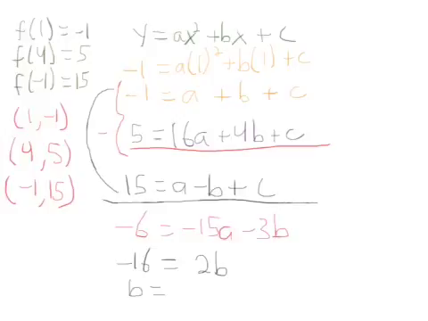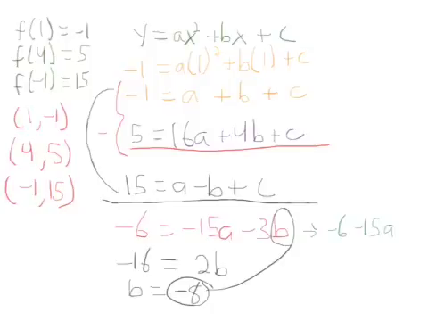So b equals negative 8. I can now plug that into the second equation and solve for a. So I get negative 6 equals negative 15a minus 3 times negative 8, which gives me a plus 24.